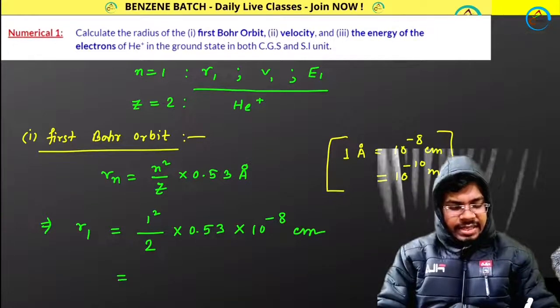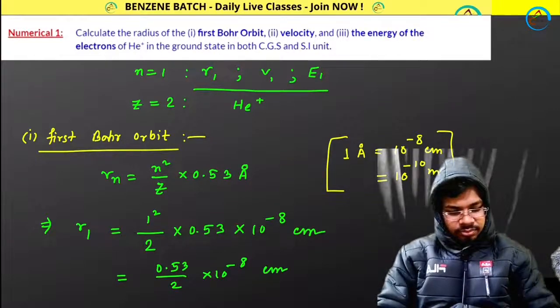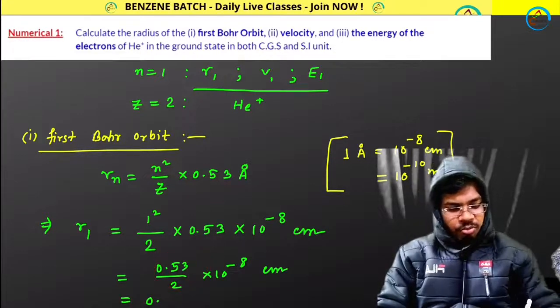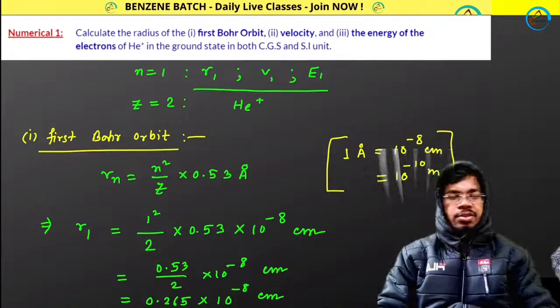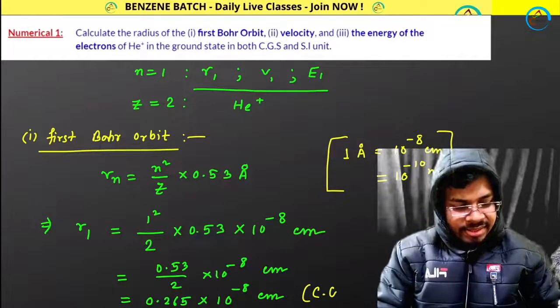From here I can easily calculate 0.53 divided by 2 into 10 to the power minus 8 centimeter. Dividing this by 2, I will get 0.265 multiplied by 10 to the power minus 8 centimeter. This is the value of the radius in CGS unit.